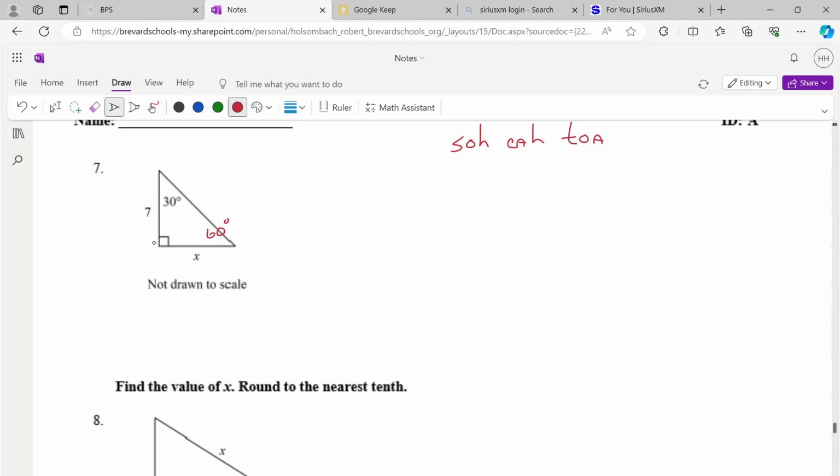The long leg, side AB, is the square root of 3 times bigger than the short leg. So you can say that x is equal to 7 divided by the square root of 3. So in your calculator, you can take 7, divide it by the square root of 3, hit equals, and I get 4.